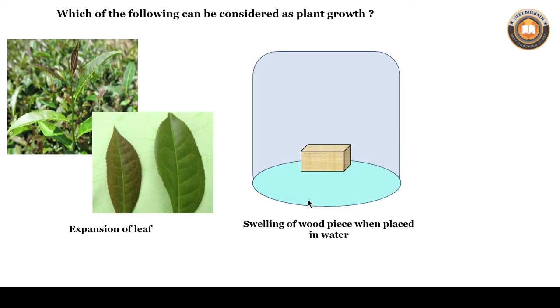Now let us see, which of the following can be considered as plant growth? Can you make out? Yes. The picture of the leaves and the plant shown on the right hand side of the slide shows expansion of the living matter, which is the leaf, while on the left hand side it is swelling of a wood piece when placed in water.